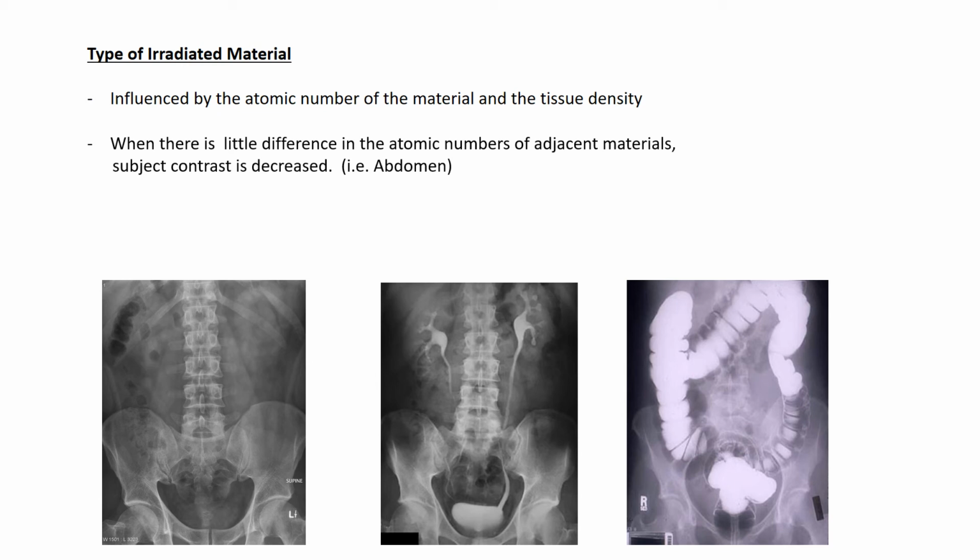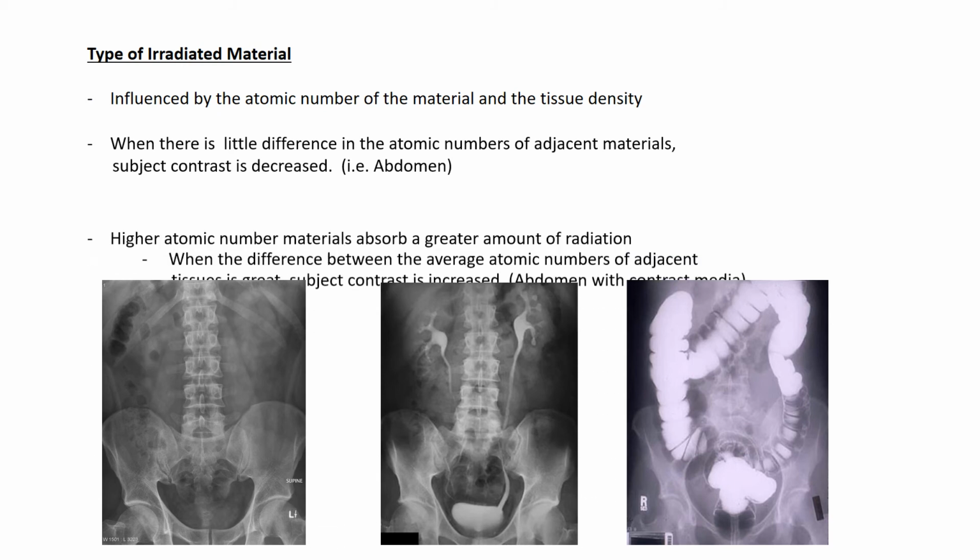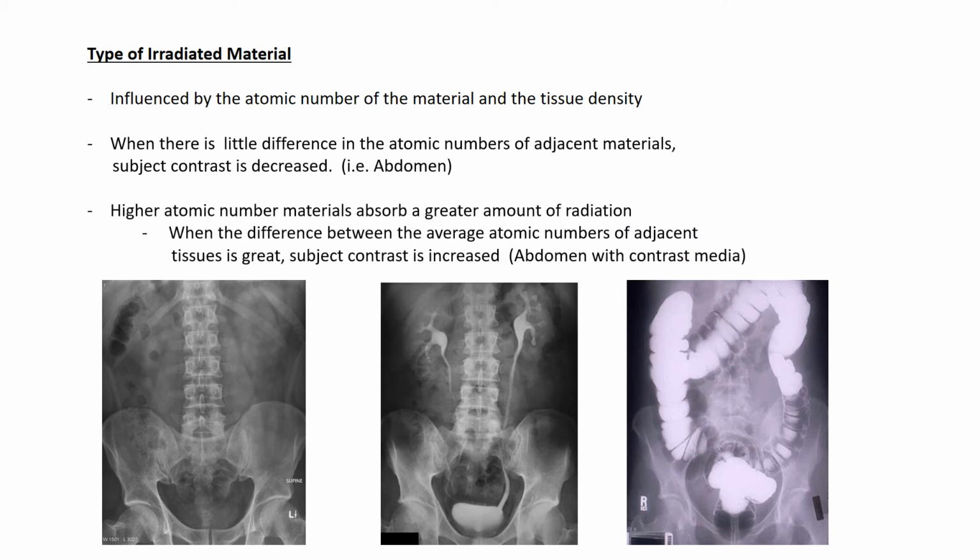In order to see that, I'm going to have to put contrast into the body that is not already there. And the way that we're going to do this is we're going to utilize contrast media. Contrast media has a higher atomic number than the surrounding tissue would have.